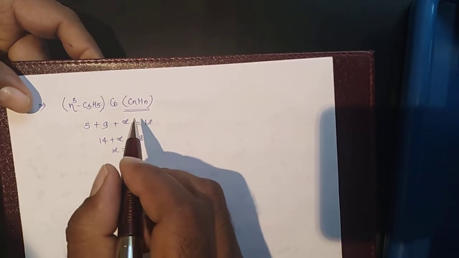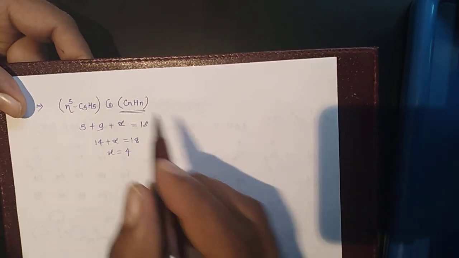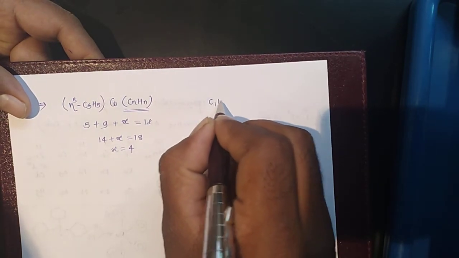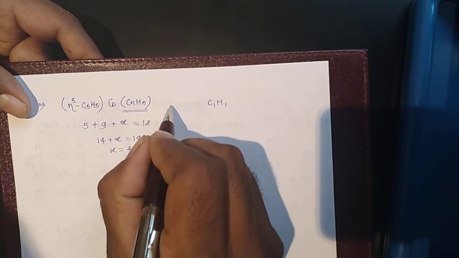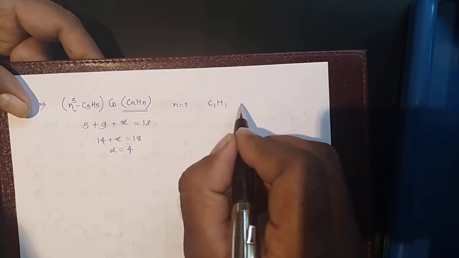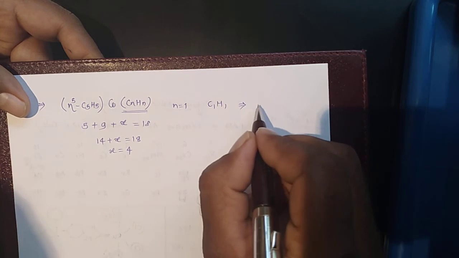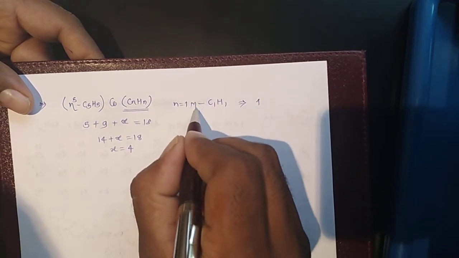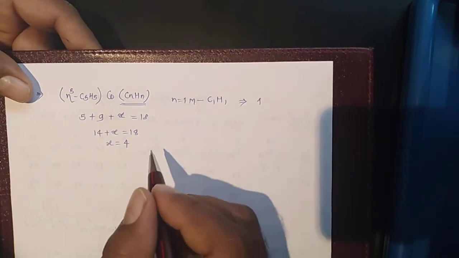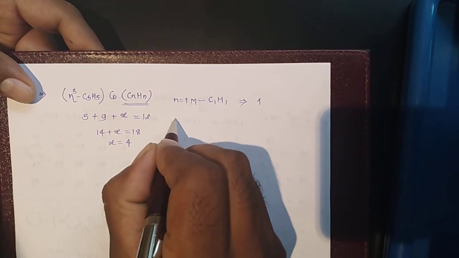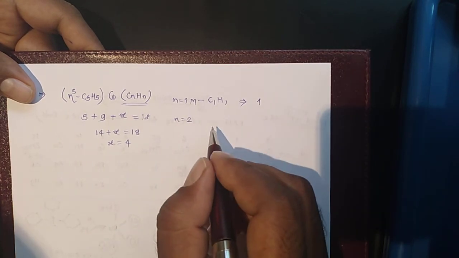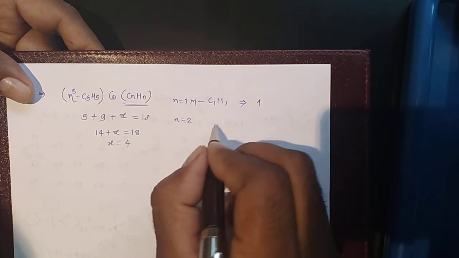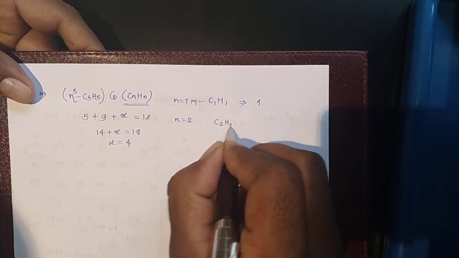See, first we will start from C1H1. C1H1 means the value of n is 1 here. So how many electrons will it donate? Only 1, because this metal will be there and CH will be there. We will put another number, C2, n equal to 2, so the formula will be C2H2.